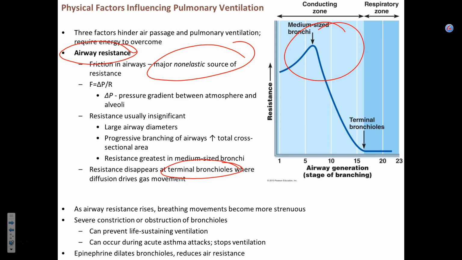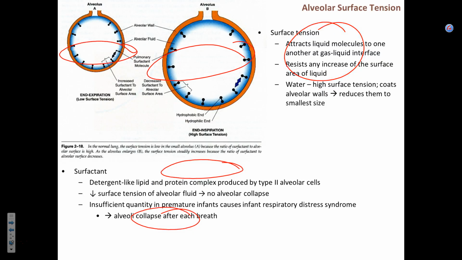So if suddenly all your bronchioles constrict or get plugged by mucus, so obstruction, you start to experience basically respiratory distress. Does that make sense? I can't get over my asthma attack. I did it once and it was terrible.